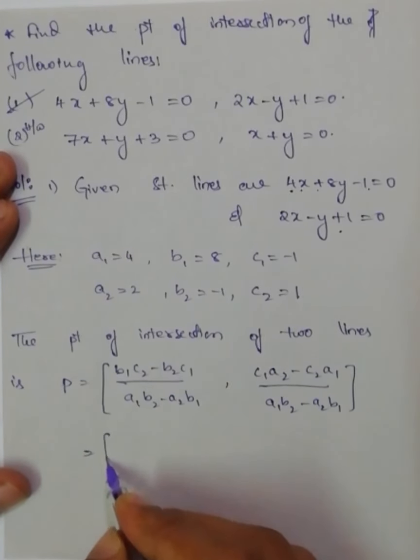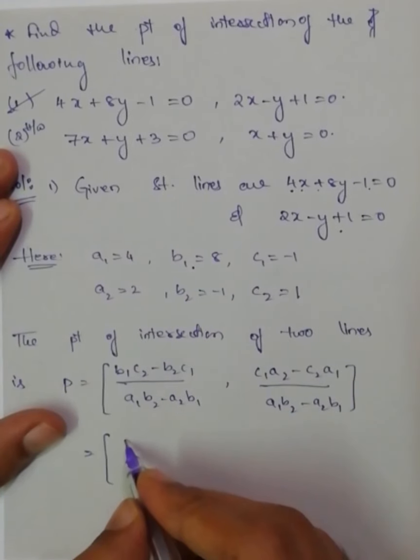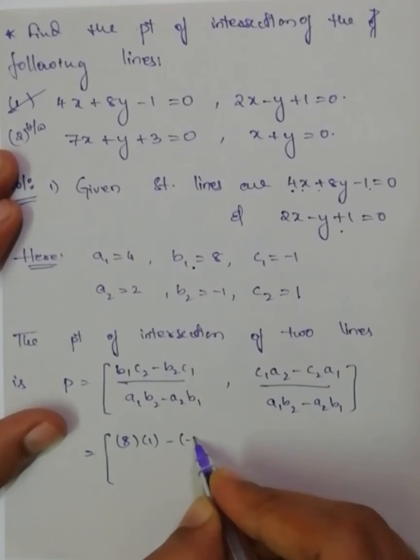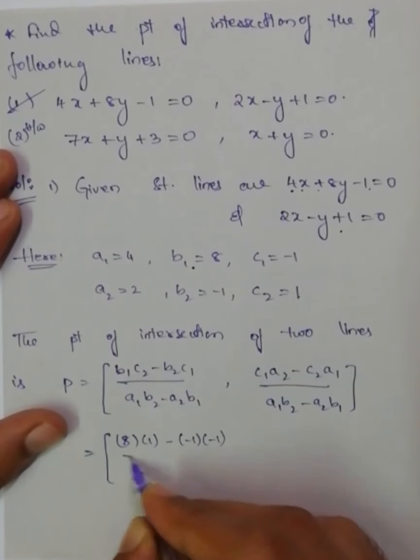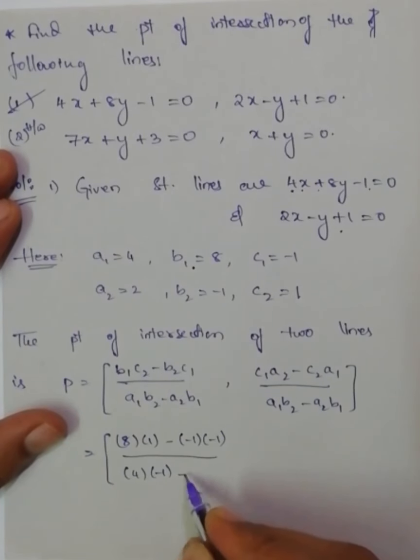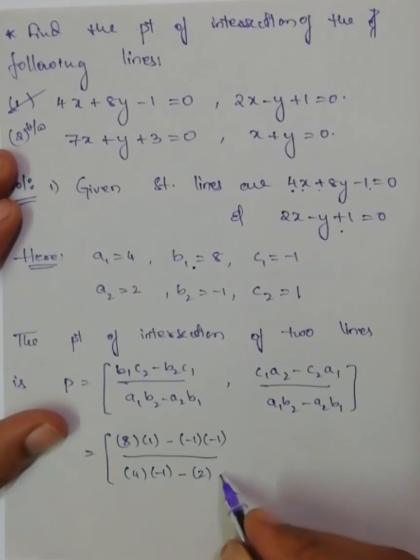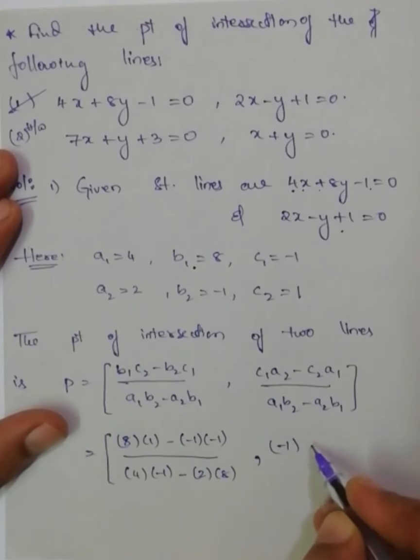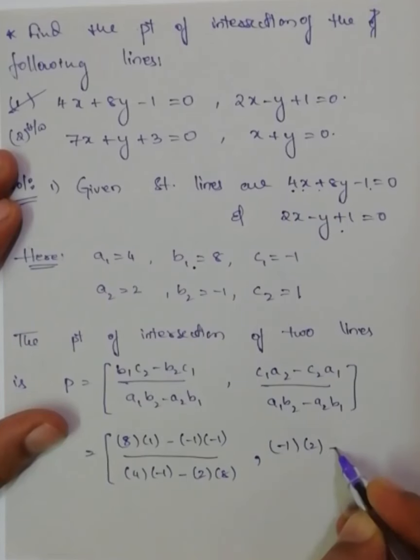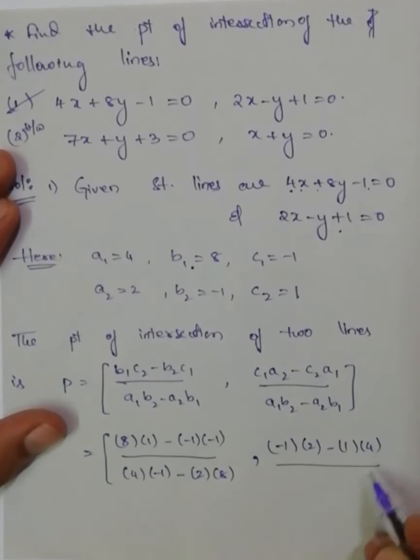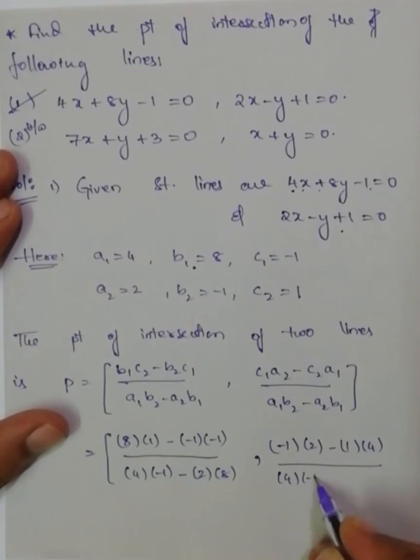Now substitute. b1 is 8 into 1 minus of minus 1 into minus 1 by 4 into minus 1 minus 2 into 8, comma minus 1 into 2 minus 1 into 4 by 4 into minus 1 minus 2 into 8.